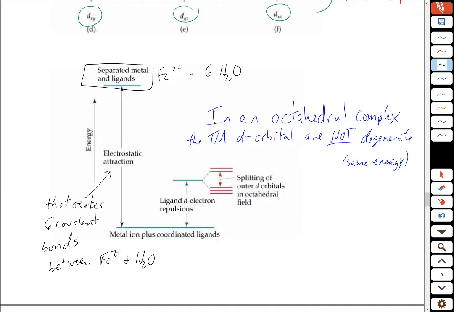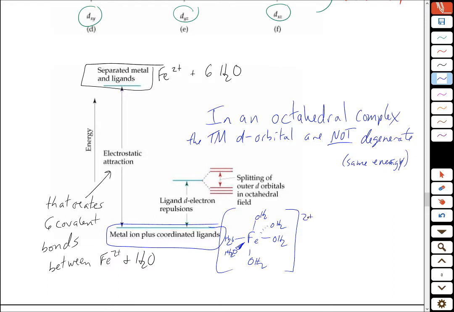So here, let me change color. Here, we now have our octahedral complex. This is a much lower energy complex than the bare metal ion and the 6 separated ligands, because we formed 6 covalent bonds, and forming bonds always releases energy.